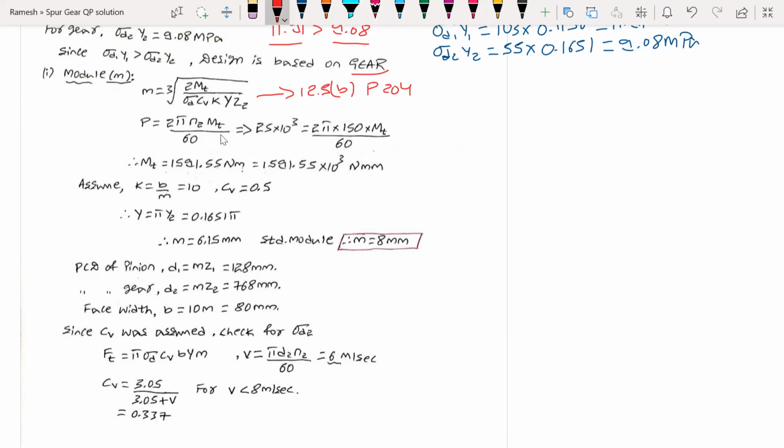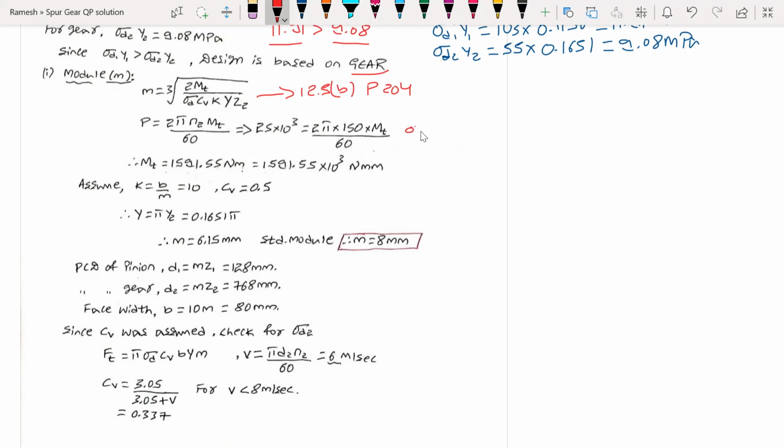In our case, the N value is given in RPM. That's why I am dividing it by 60. For P is equal to 2 pi N2, N2 is 150. P is also given, it is 25 into 10 raised to 3. N is given in RPM, 150, and MT is unknown.